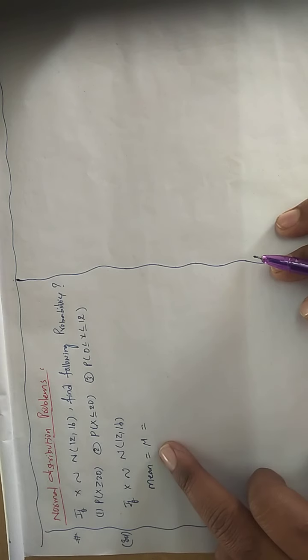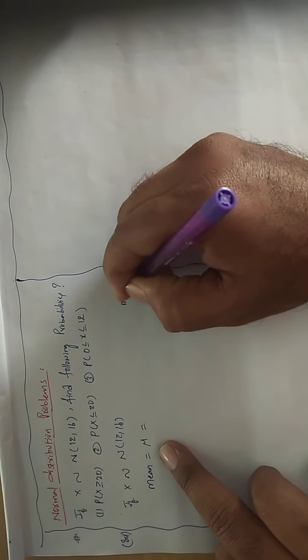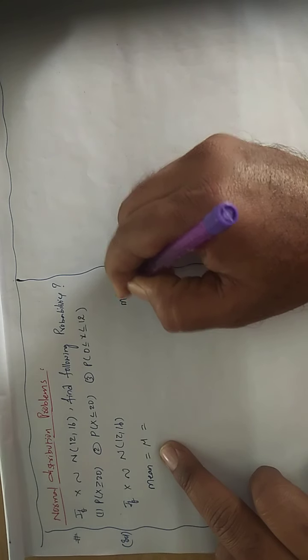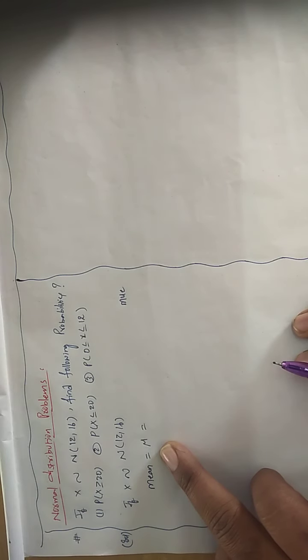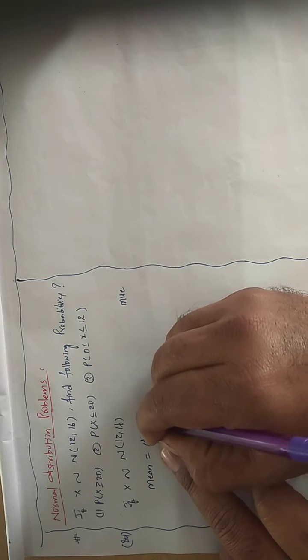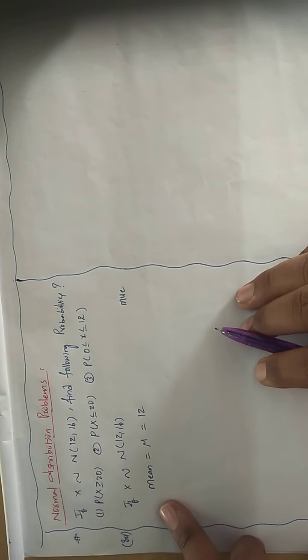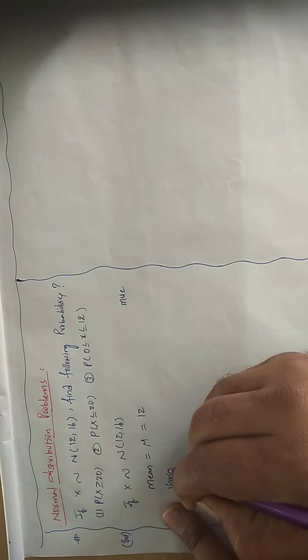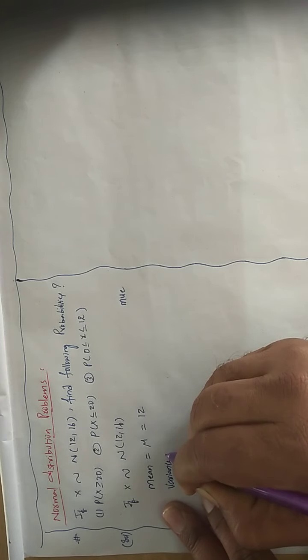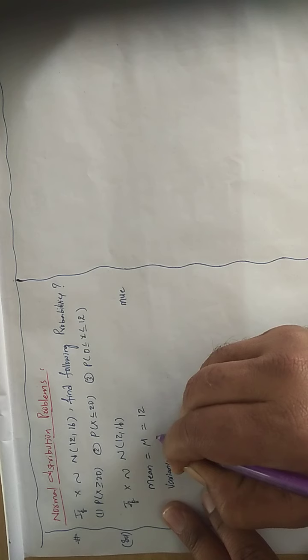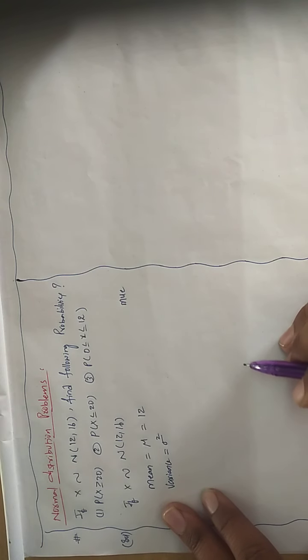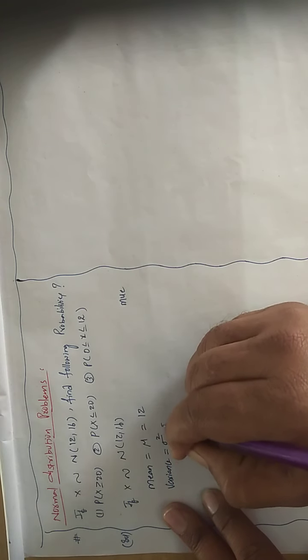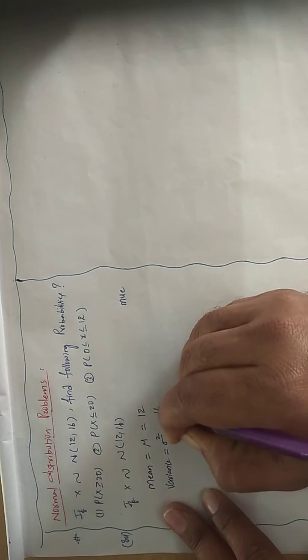Mu. So what is its value? 12. Same way, variance. According to our notations, sigma square, which is nothing but 16.